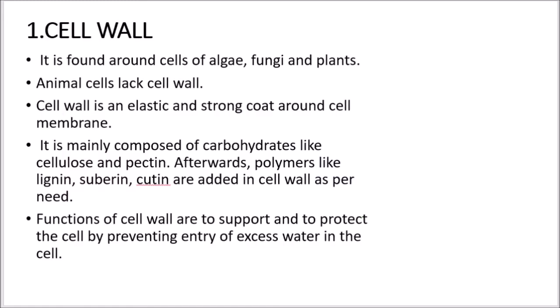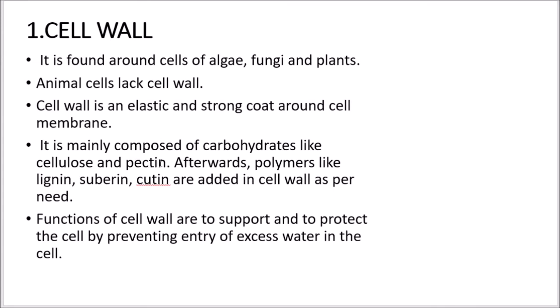So first, the cell wall. It is found around the cells of algae, fungi and plants. The animal cell lacks a cell wall, meaning the cell wall is absent in the animal cell. The cell wall is an elastic and strong coat around the cell membrane.